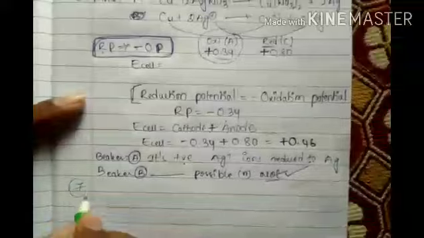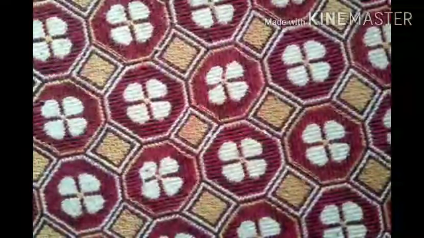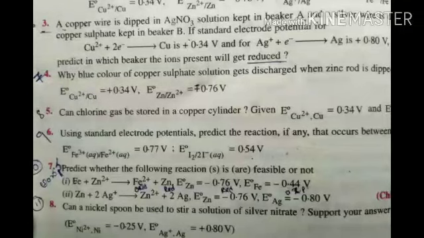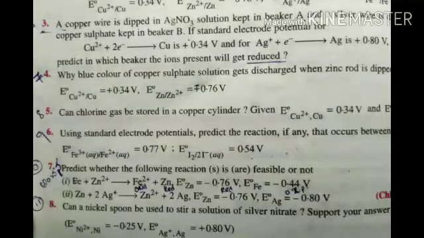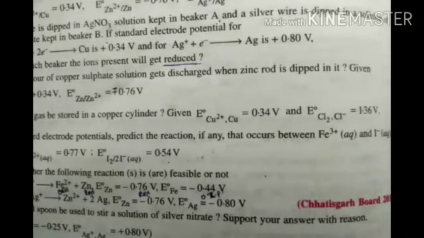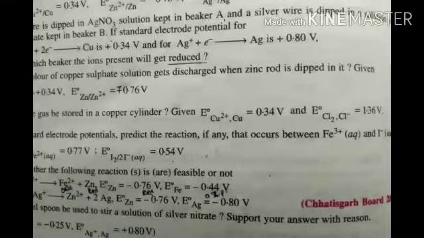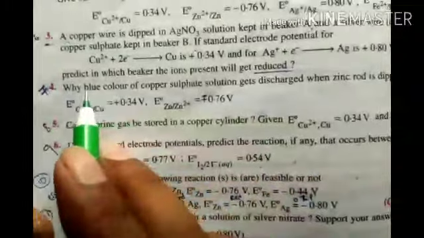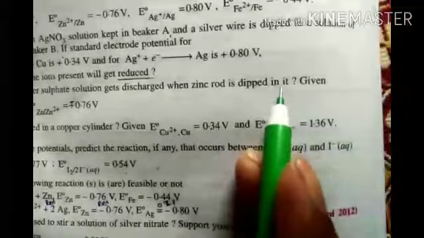Now problem number 7. Why does blue color copper sulfate, blue vitriol, solution get discharged when a zinc rod is dipped in it?